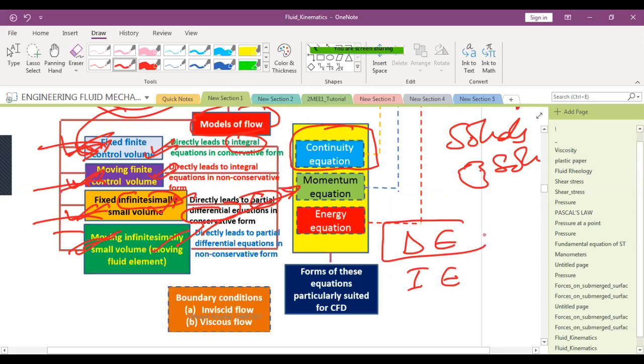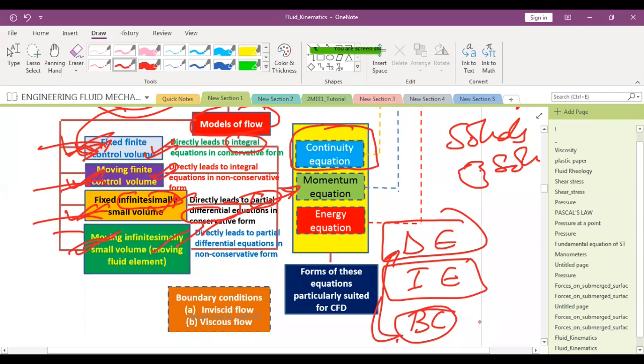Now to solve these differential equations or integral equations, what do you require? Boundary conditions. And when you apply the boundary conditions to these, what do you get? The final flow field. What does flow field mean? You get to know the velocity at every point, the acceleration at every point, the temperature at every point, the pressure at every point.